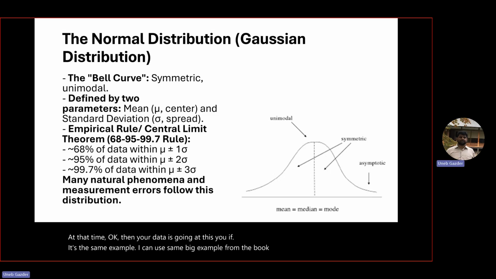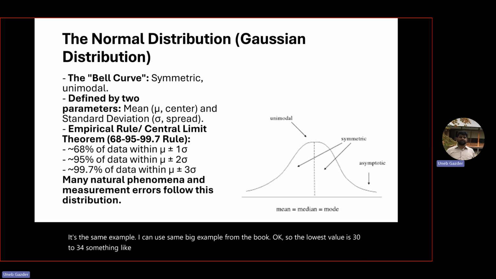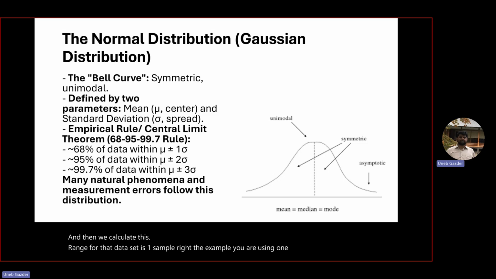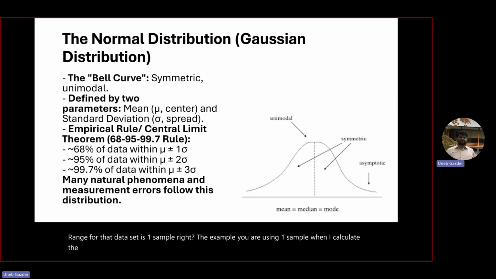The lowest value is 30 to 34, something like this. The highest value is 68, something like this. And when we calculate this range for that data set, it's one sample, right? The example we are using is one sample. When I calculate, the range is between 40-something to 50-something.